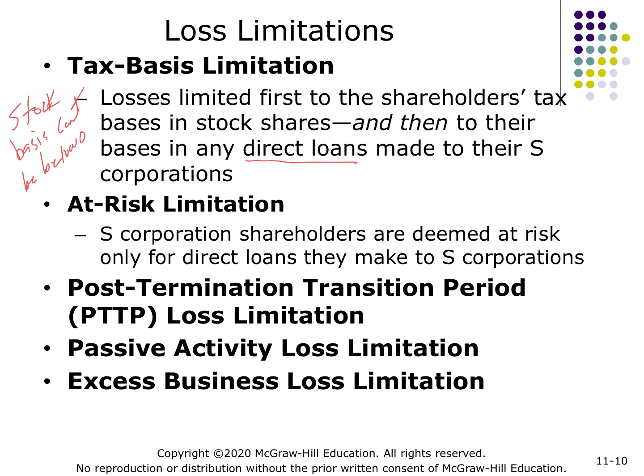So that becomes an issue as well. Losses that are not deductible due to these basis limitations are suspended. That works just like we previously discussed with partnerships. You still have at-risk limitations, just like you had with partnerships.